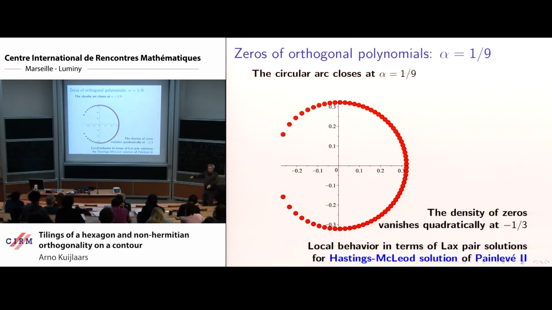Here it vanishes quadratically. And if you do local analysis for these polynomials at this point where the zeros close up, you would have to use some Lax pair solutions associated with the Hastings-McLeod solution of Painlevé II. That has to do with these two tangent ellipses in the model of these tilings.